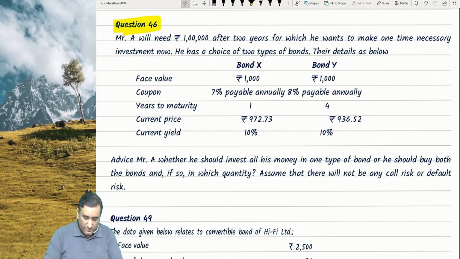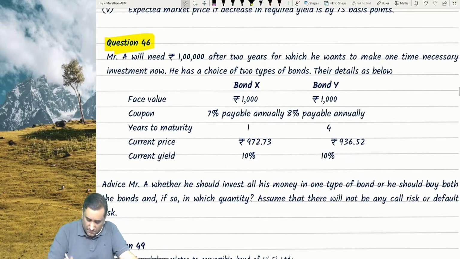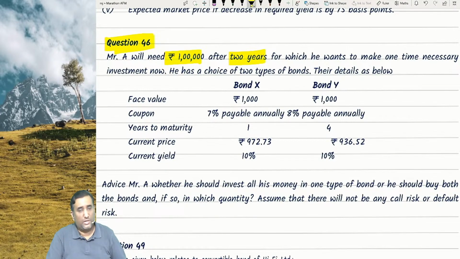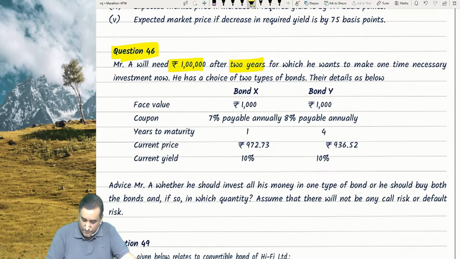Sorry. This Mr. A will need rupees 1 lakh after 2 years. He will need rupees 2 lakh after 2 years means it's a liability for which he wants to make one time necessary investment now. Will need 1 lakh after 2 years. They want to make a necessary investment.